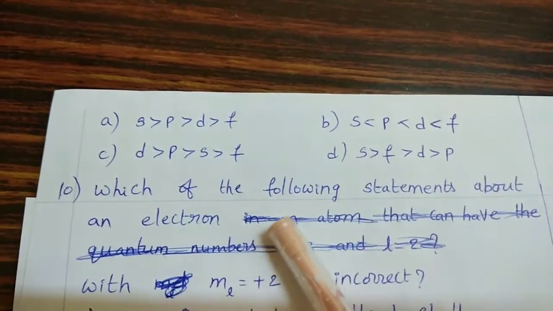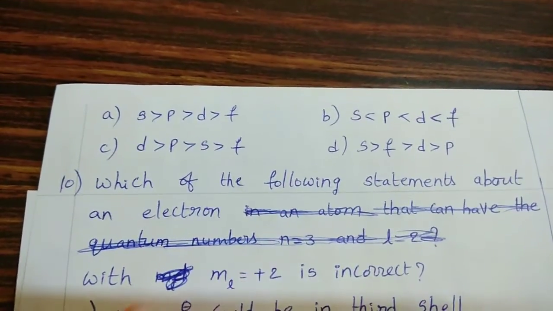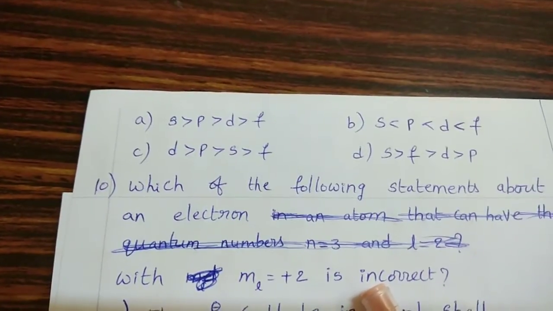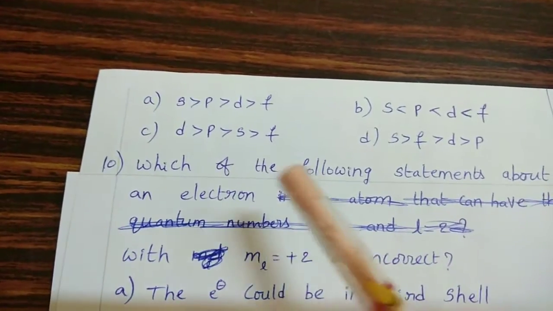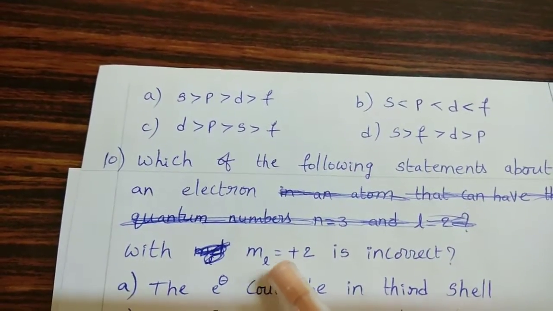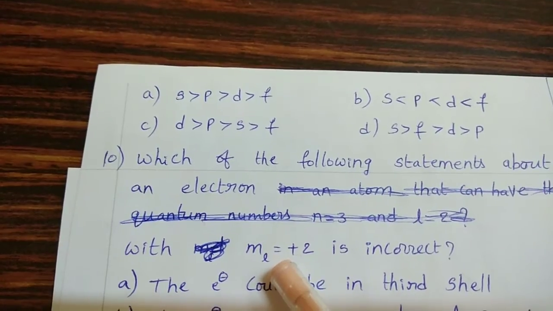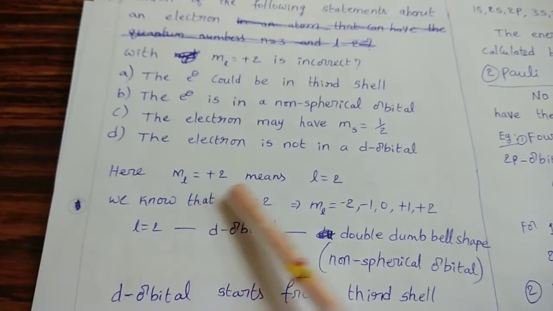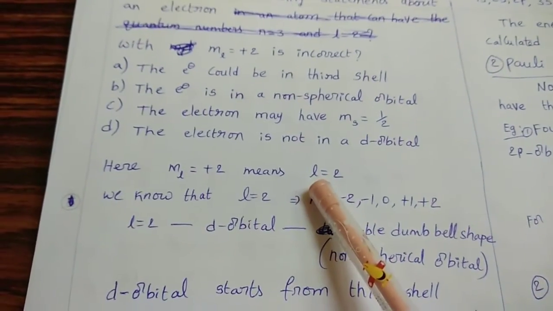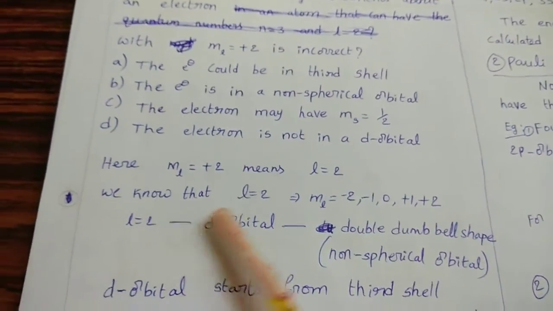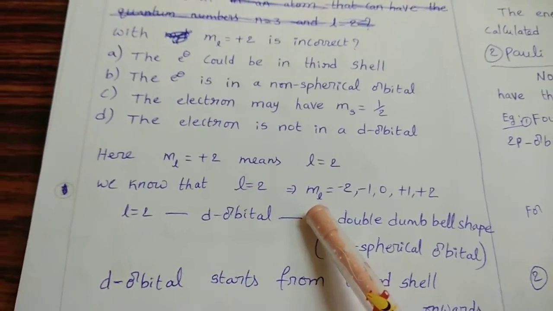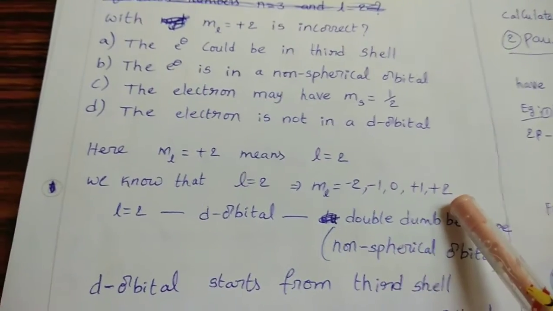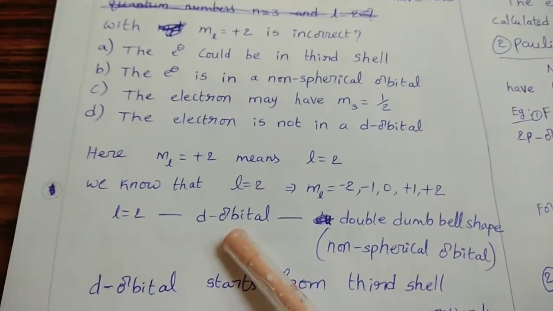Next. Which of the following statements about an electron with ml equal to plus 2 is incorrect? We want the wrong statement. Which of the following statements is related to magnetic quantum number? Here ml means magnetic quantum number, value plus 2. ml equal to plus 2 means what about azimuthal quantum number? l value is 2. We already know that l equal to 2 means possible magnetic quantum number values are minus 2, minus 1, 0, plus 1, plus 2. l equal to 2, what is the subshell? d orbital.